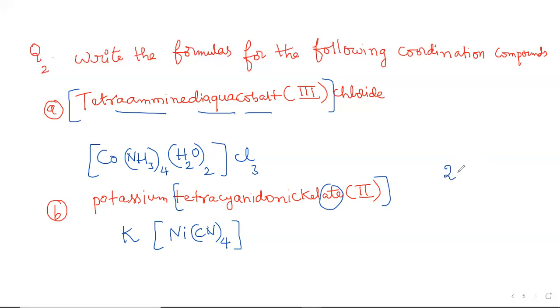Nickel oxidation state +2 minus 4 equals -2. So the coordination sphere charge is -2. To neutralize this -2 charge, 2 potassium must be present. So the formula of this complex is K2[Ni(CN)4].